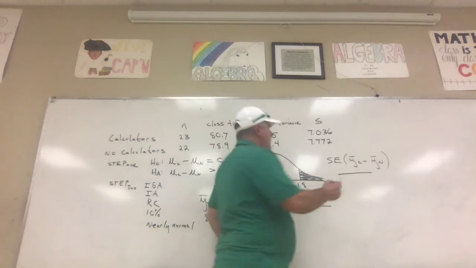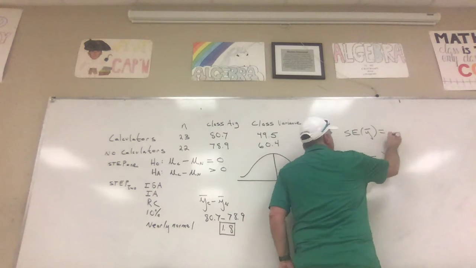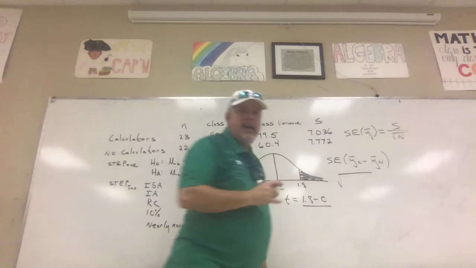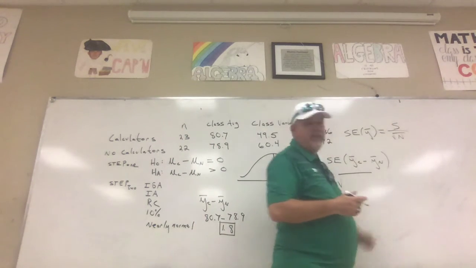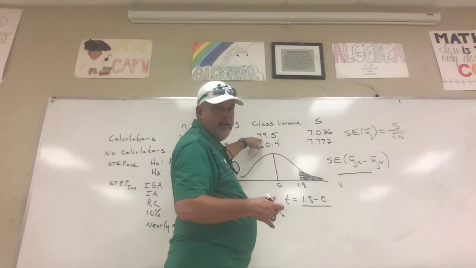Okay, so remember, the standard error for just y hat is s over the square root of n. If I square that, I get s squared over n. But what is s squared? It is the variance.